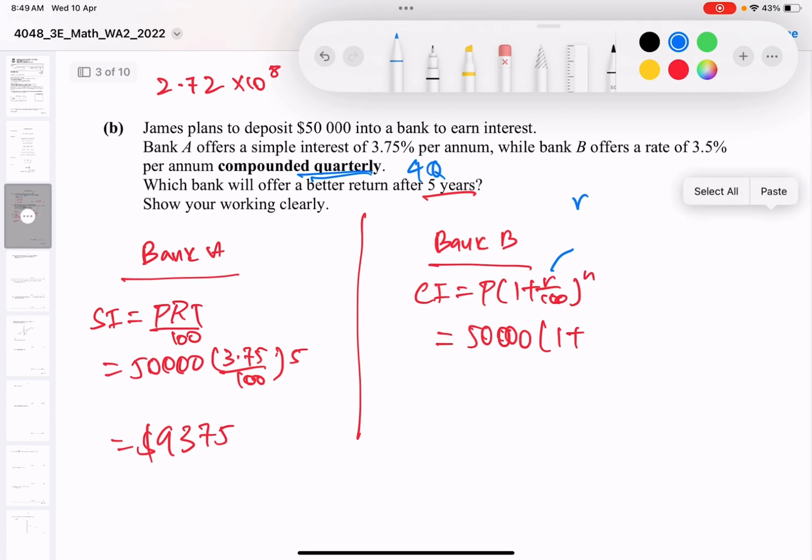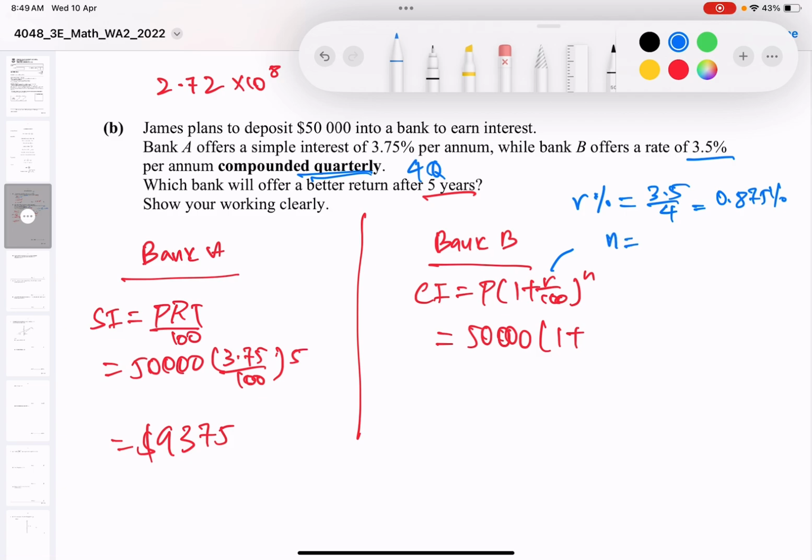So the interest rate per quarter is actually going to be 3.5 divided by 4. Okay, so 3.5 divided by 4, I'm going to get 0.875%. Okay, so my interest rate per quarter is going to be 0.875%.